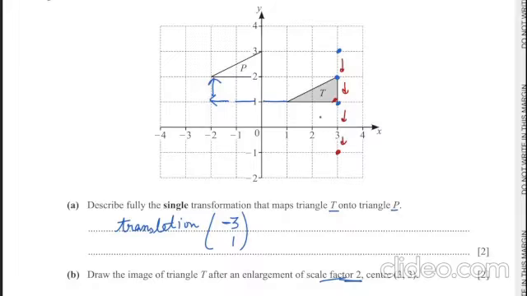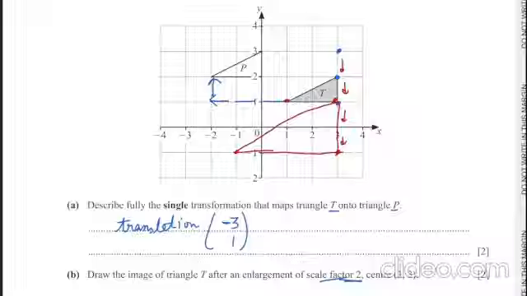Now from here you can see this vertex is two steps to the left, and because the scale factor is 2, the distance has to be 2 times, so 1 and 2 and 3 and 4. So this will be the third vertex. So we will join all three vertices of the image, and hence this will be the image for the triangle T after an enlargement of scale factor 2 and center 3, 3.